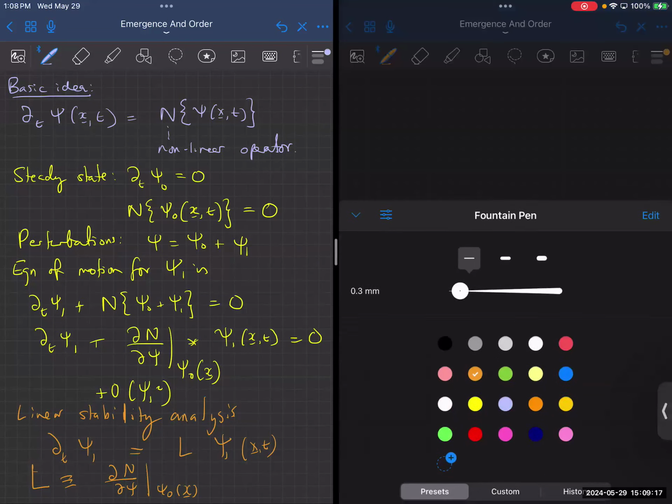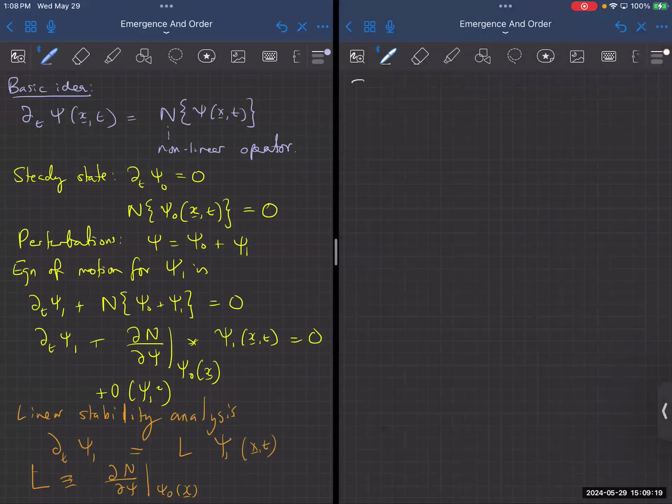So what do we mean by stability? What we do is a Fourier decomposition of psi 1. You can think of that as saying let's put in psi 1 equals e to the i (k dot x plus omega t).